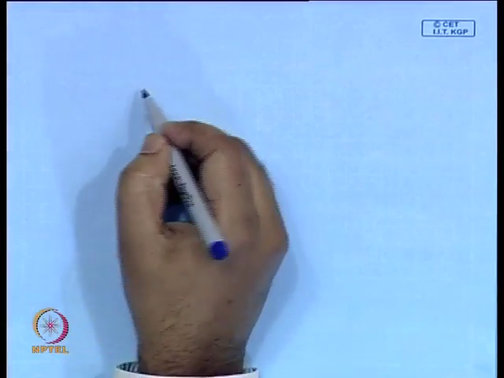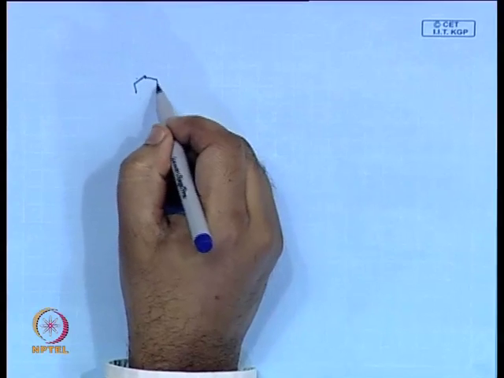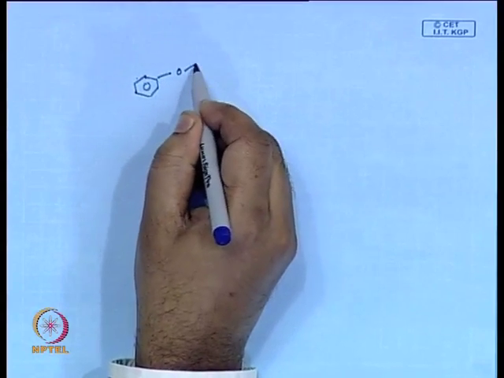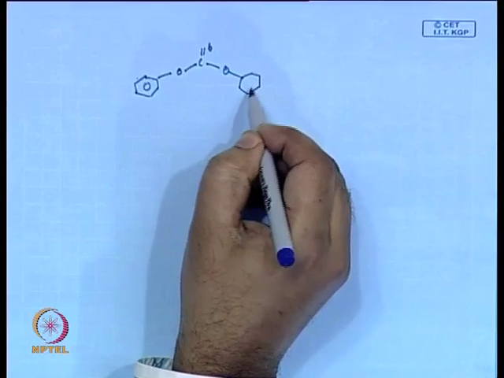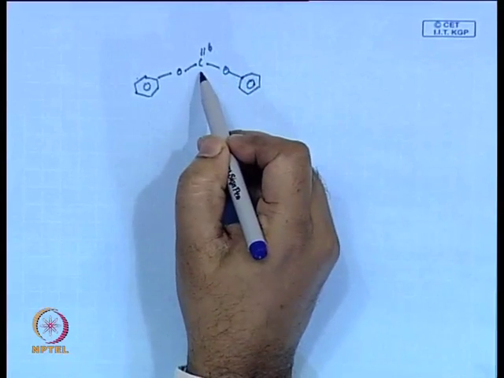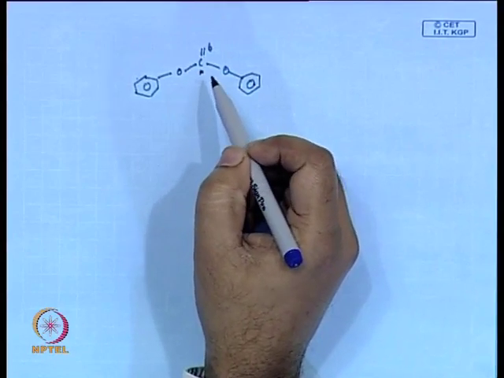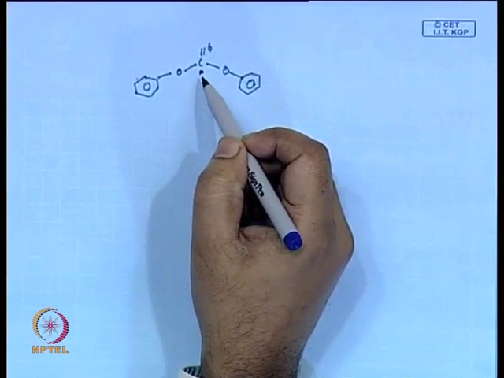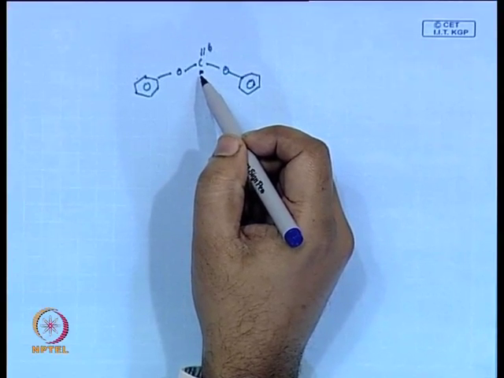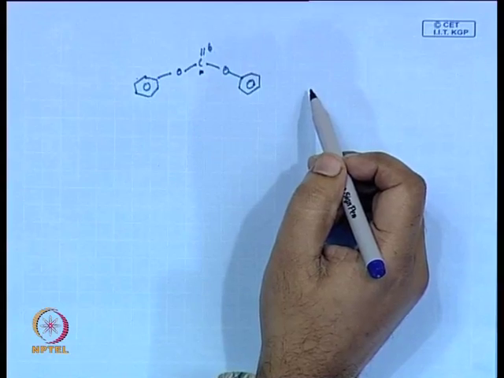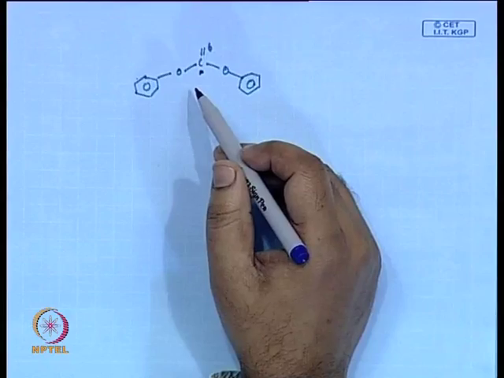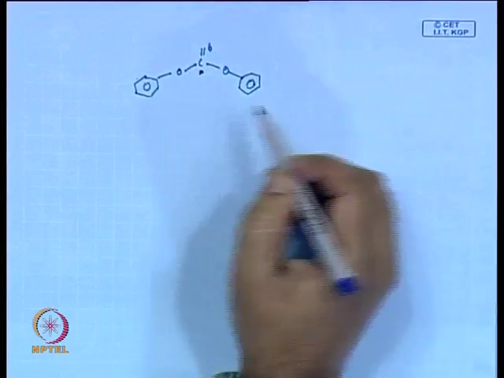Now, this is the electrophilic center. If we increase the electrophilicity of this carbon, then the attack of that phenolate coming from the bisphenol A group will be more feasible. So, the equilibrium constant, how is it achieved?